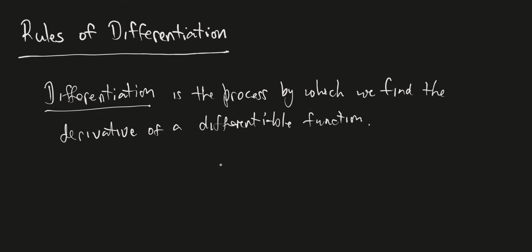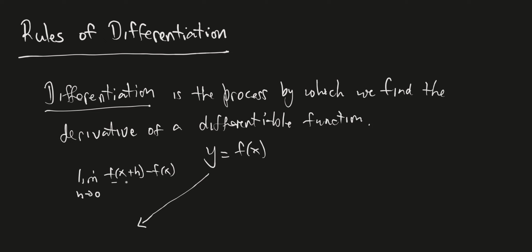And so we have a function here. Let me just write down something generic. So we have our function, and right now we have this limit, right? The limit as h approaches 0 of our difference quotient, right?